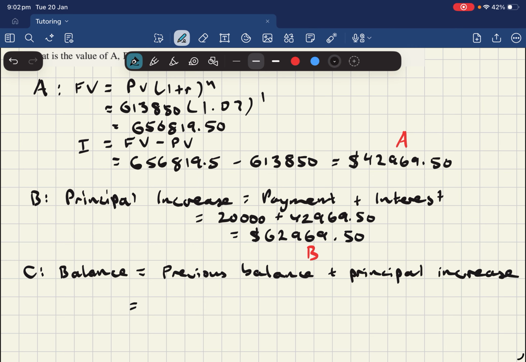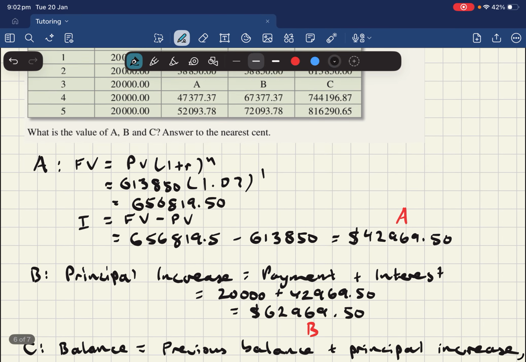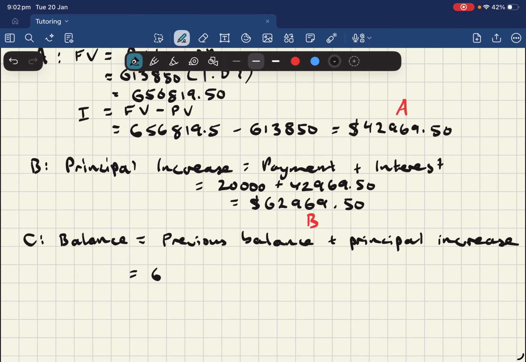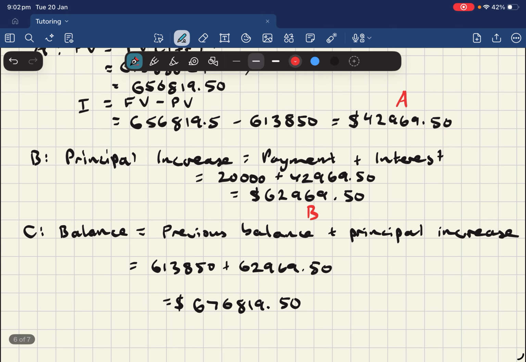Looking at this, we have our previous balance, which was $613,850 plus our $62,969.50. Adding these two together gives us $676,819.50. Okay, so this is our value of C here.